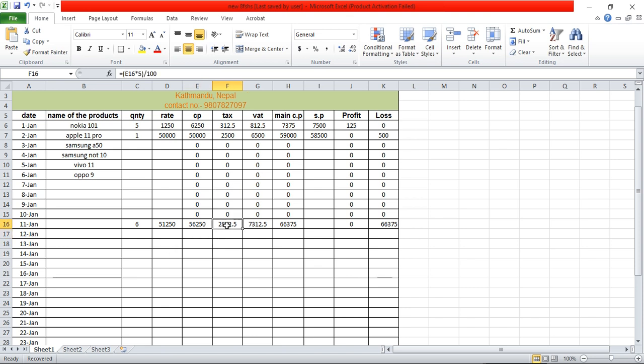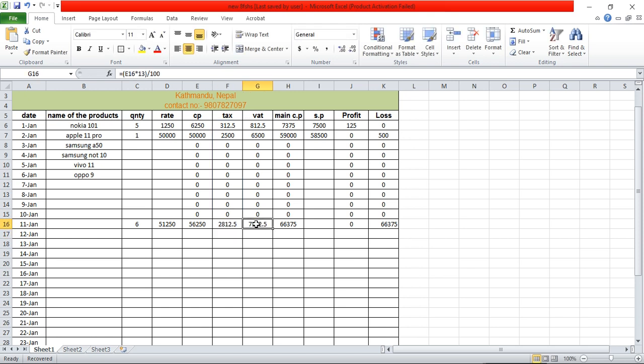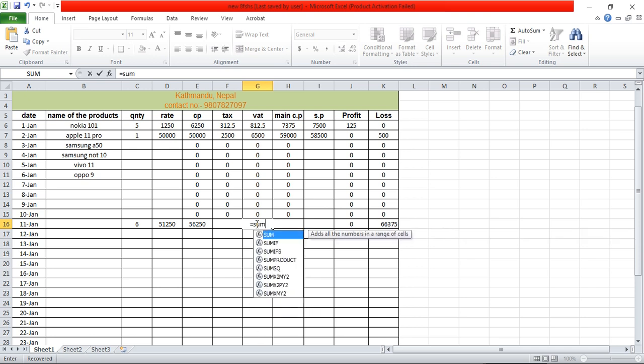Now you can see what the formula is here, is equals to sum, and you can make the sum formula there.